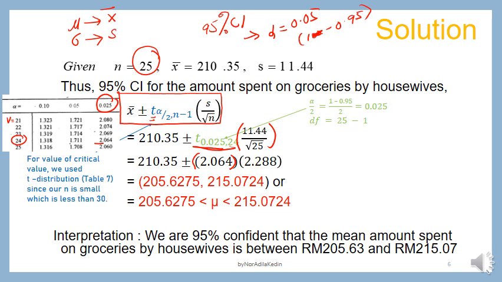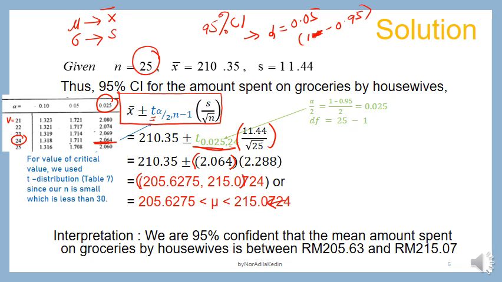So thus your critical value adalah 2.064. Substitute in the equation. Thus, your 95% CI adalah between 205.6275 to 215.0724. You boleh buat dalam bracket or you boleh buat dalam inequalities macam ni.